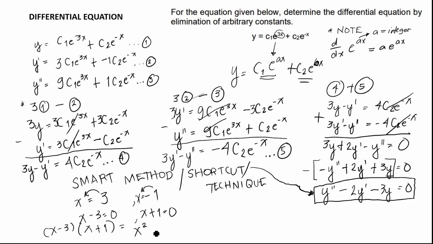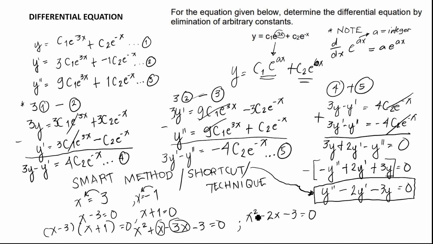FOIL method: first, x squared, then outer, positive x, and then inner, negative 3x, and then the last, this is negative 3, equals 0. Combining like terms, positive x and negative 3x, this is equal to x squared minus 2x minus 3 is equal to 0.